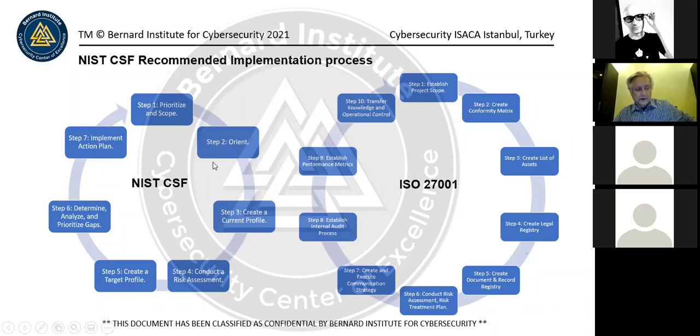Under the ISO framework, we establish the scope, create a conformity matrix, which I'm going to talk about in a second. I think I have 2 more slides left, so thanks for your patience. Create a list of assets.